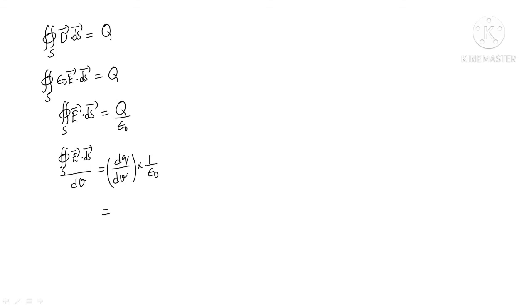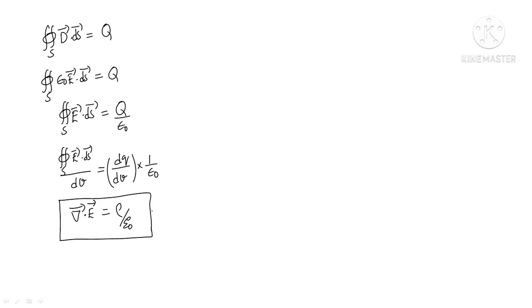It is the charge per unit volume, which is given by charge density rho by epsilon naught. And what is this expression? It is nothing but del bar dot E bar. Just now we have seen the divergence of electric field intensity.